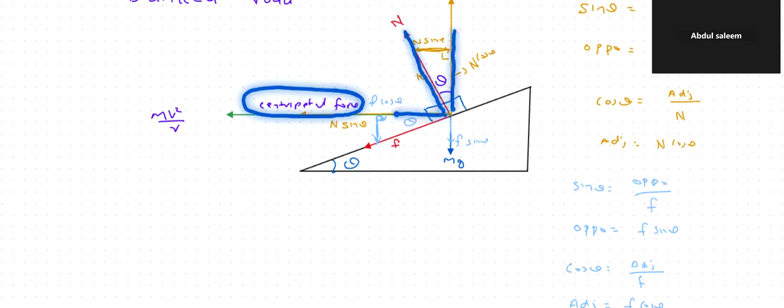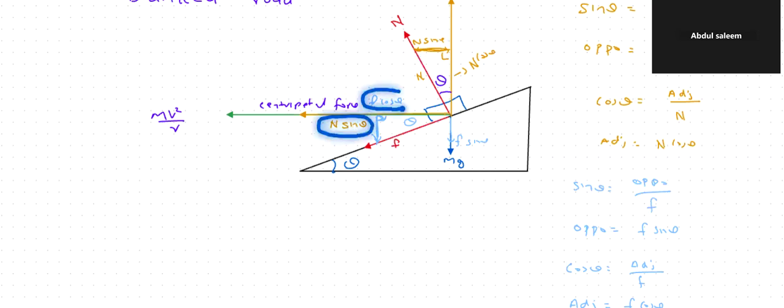So the centripetal force is provided by one component of the normal force and one component of the frictional force. What are the two components? One is n sine theta and another is F cos theta. These two forces provide the centripetal force. So we obtain a relation.